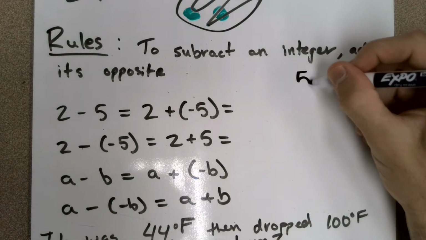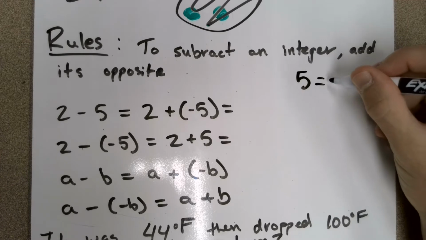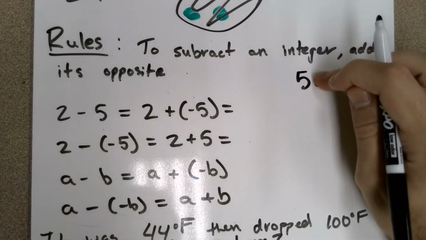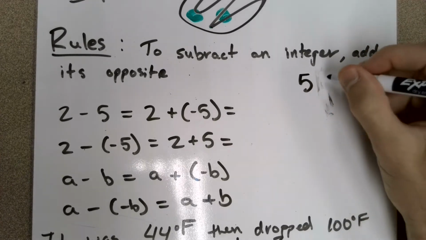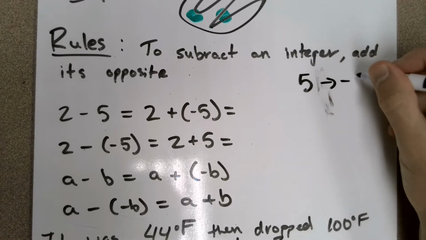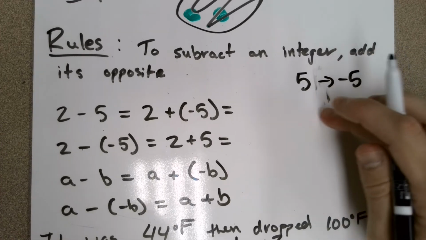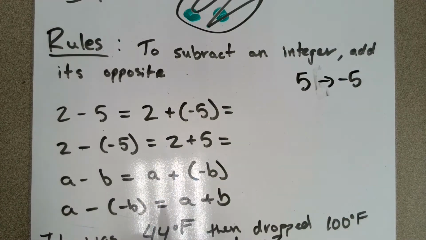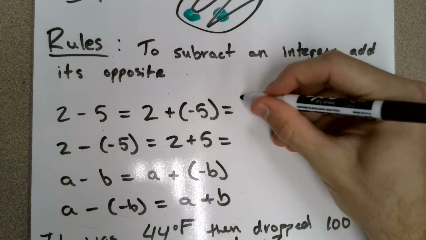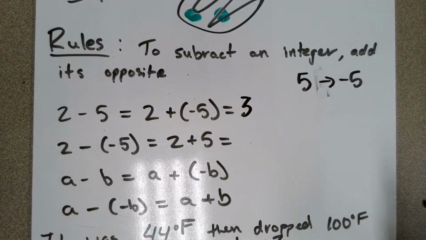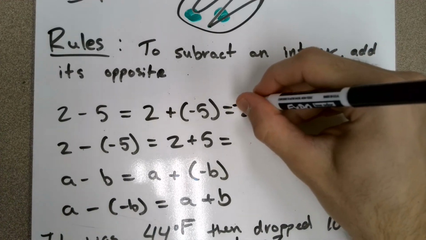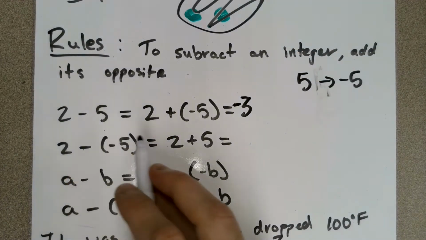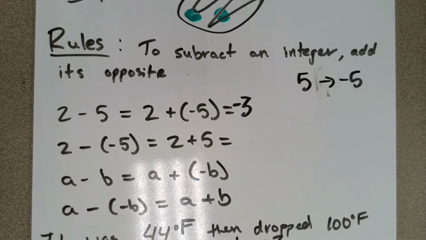The opposite of 5 is -5, because those cancel each other out. So we're adding the opposite. 2 plus -5 is going to be 3. Oh, excuse me, -3. 2 minus 5, -3. 2 plus -5 is going to be -3.